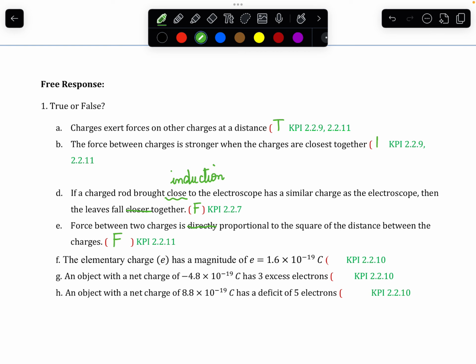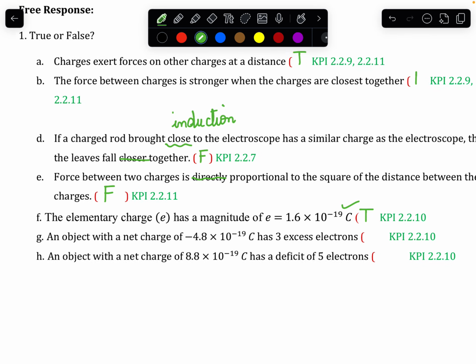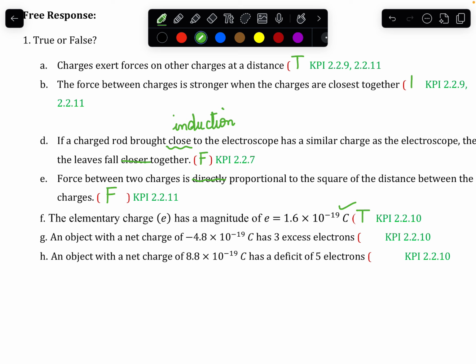The elementary charge is this much. That's true. An object with a net charge of negative 4 times 10 to the power of negative 19 has 3 excess electrons. Let us see, Q equals N e. The excess is okay because it is negative.